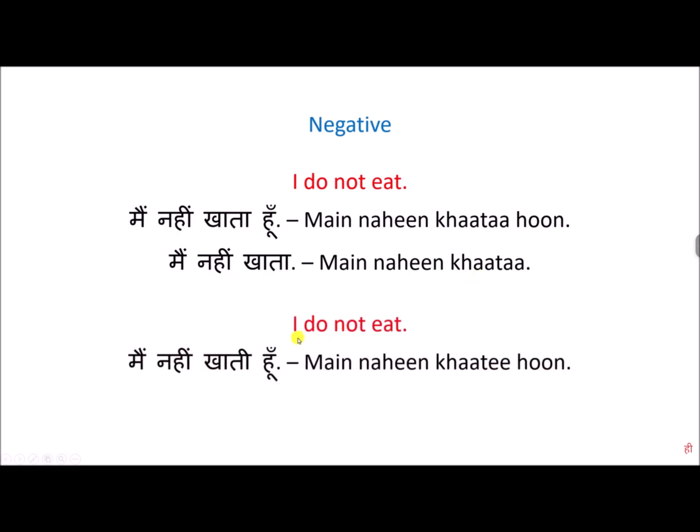Next, I do not eat is मैं नहीं खाती हूँ. मैं is I, nahi is not, khati is do eat, hoon is the be verb.